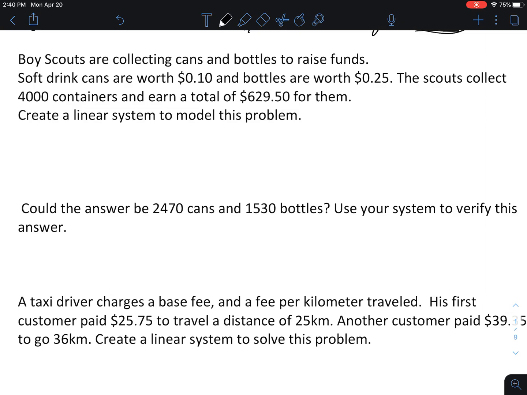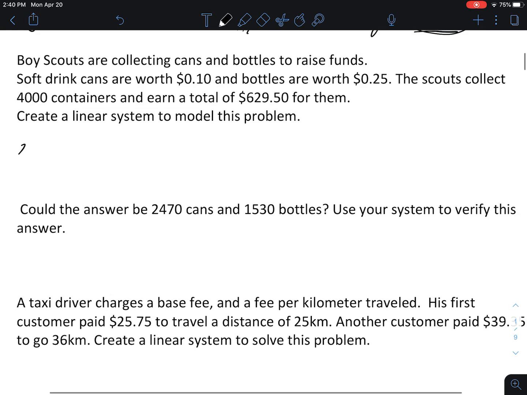So next, we have another problem about some Boy Scouts. They're collecting cans and bottles to raise funds. Soft drink cans are worth 10 cents and bottles are worth 25. The Scouts collect 4,000 containers and earn a total of $629.50 for them. Create a linear system to model this problem.